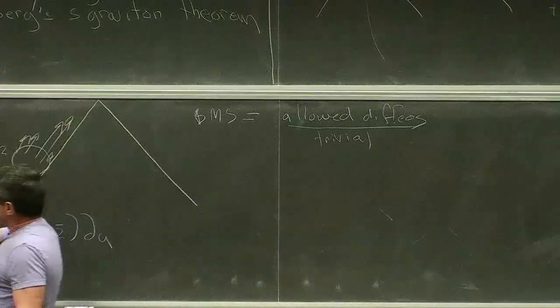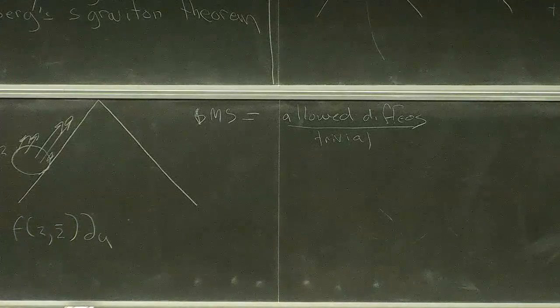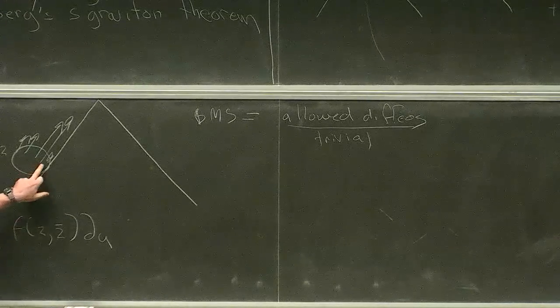Now, it's obvious that this is a boost. If you have some physical data at infinity and you boost it, it's obvious that it's a new physical situation. What are these guys doing?